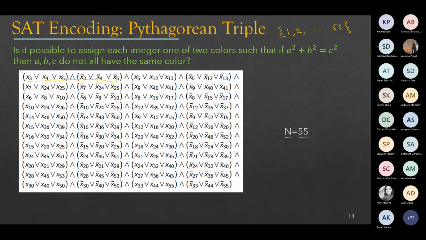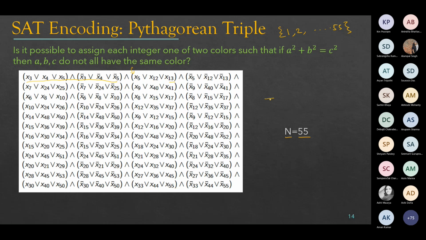So x3 or x4 or x5 and x3 bar, x4 bar, x5 bar. And this 5, 12, 13 is another Pythagorean triple, and we need to include the same type of formula here. And we did till the last Pythagorean triple up to 55, that is 33, 44, 55.